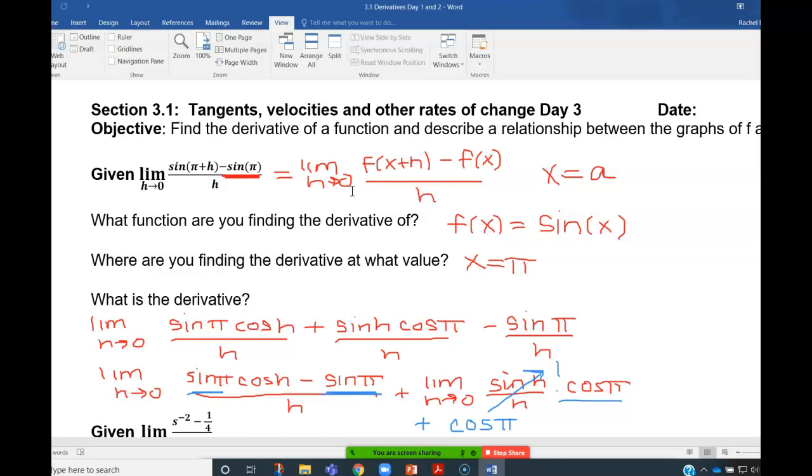So then you get the limit as h approaches 0 of sine pi. So that leaves me with sine pi minus cosine pi. What do I know about the sine of pi on the unit circle for sine of 180?